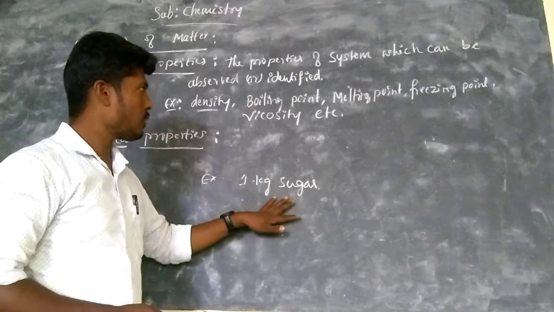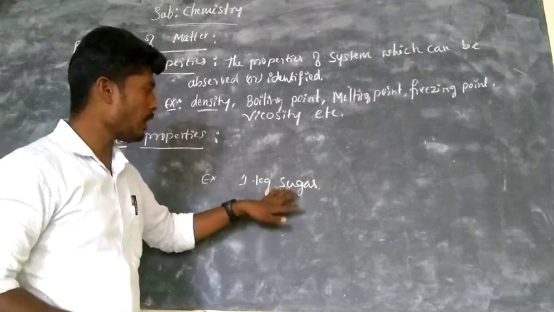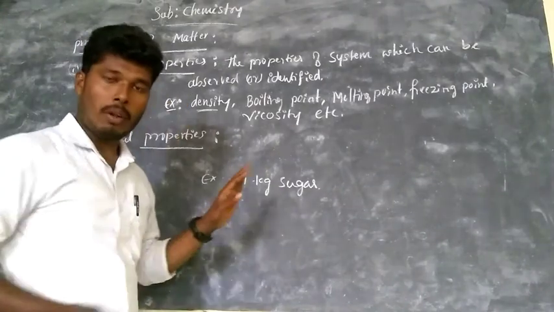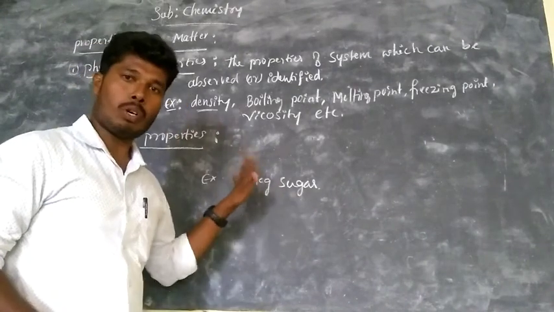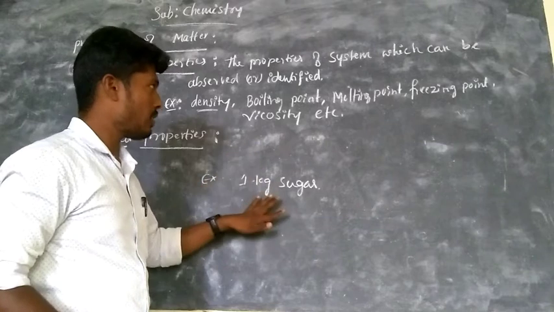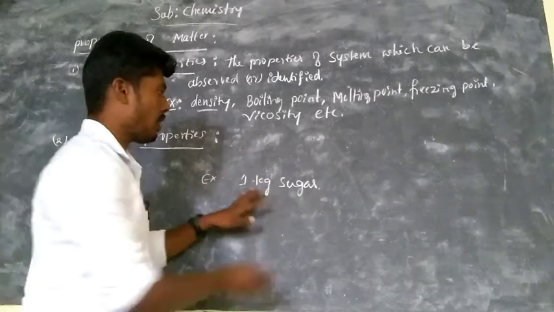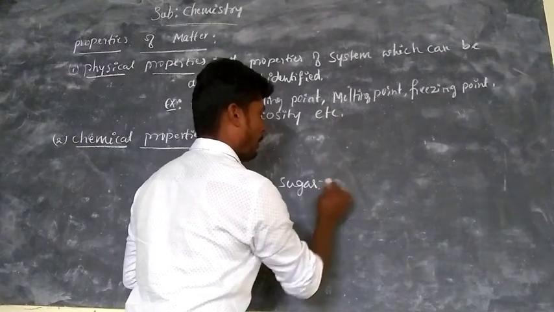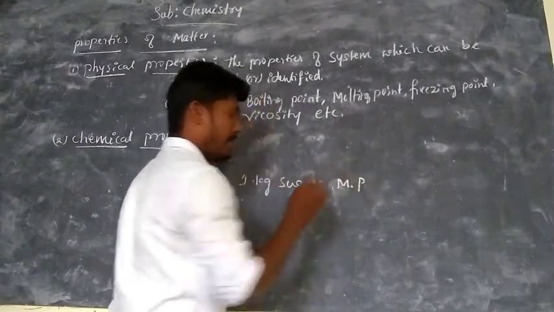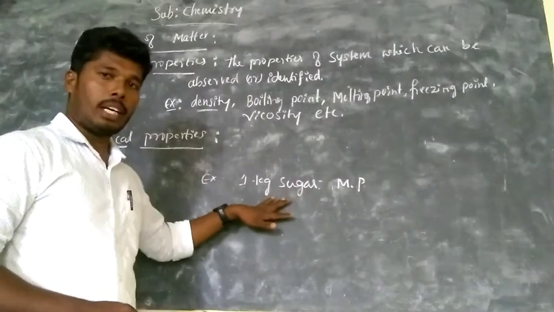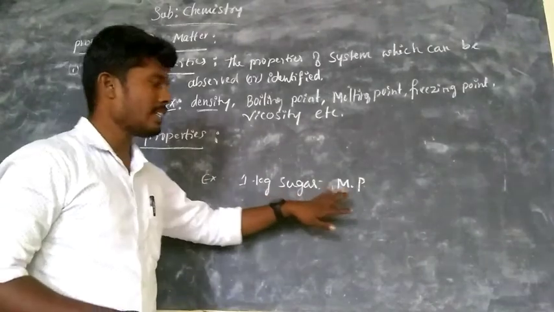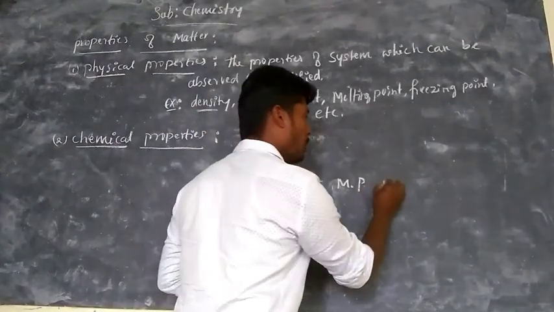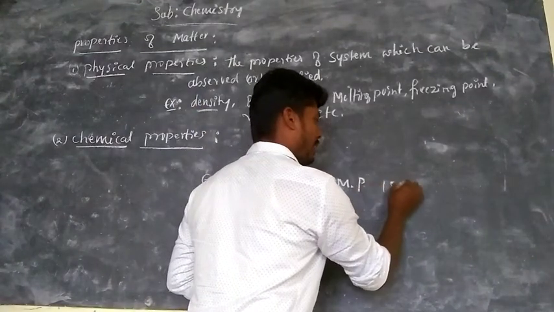You take 1 kg of sugar and find its melting point. This is a solid, so take its melting point. Approximately, just assume you get 150 degrees Celsius.